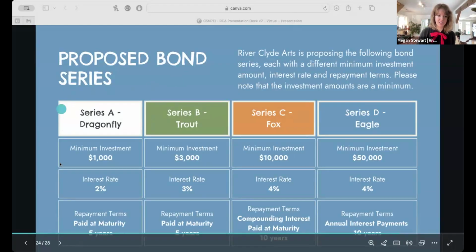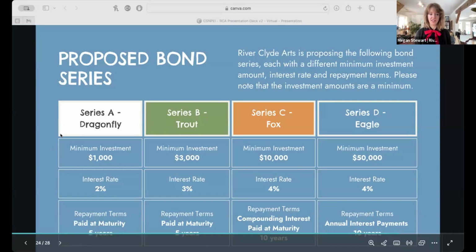So there is Series A, which is the dragonfly. We imagine that as a bond with a minimum investment of $1,000, which would have an interest rate of 2%. The repayment terms are that it would be paid back at maturity within 5 years.